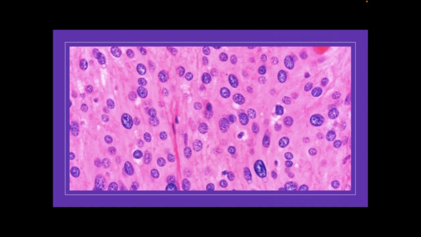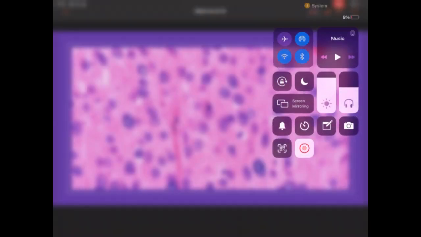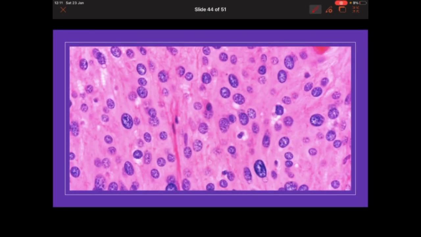In this closer view, to see the cytologic details of the meningothelial cells, the cells look very bland, with a uniform appearance and round nuclei.